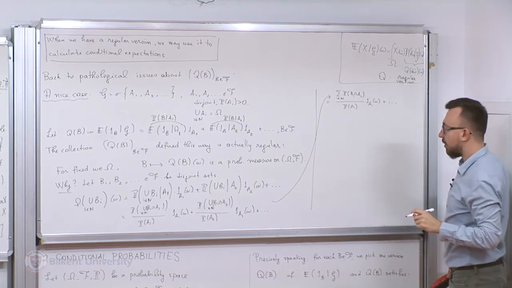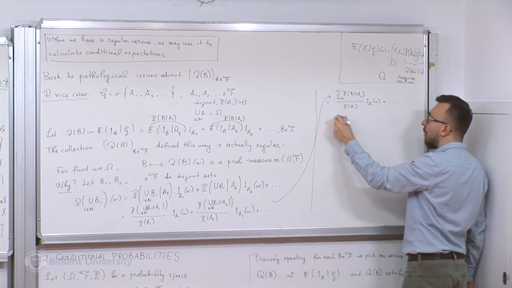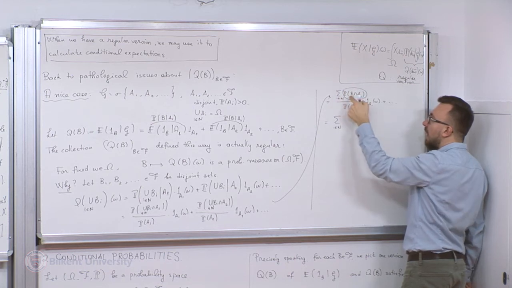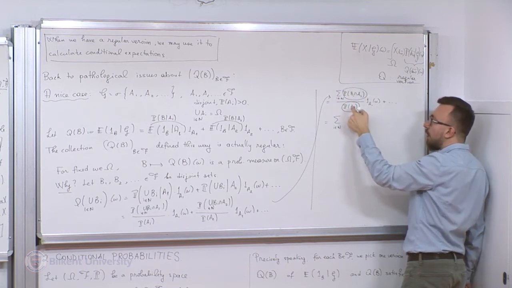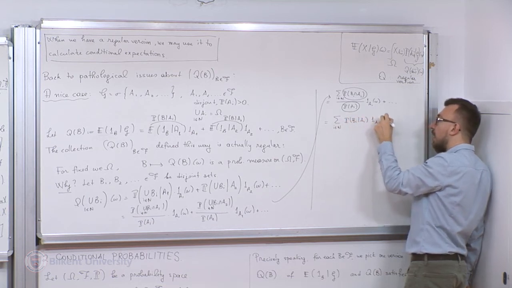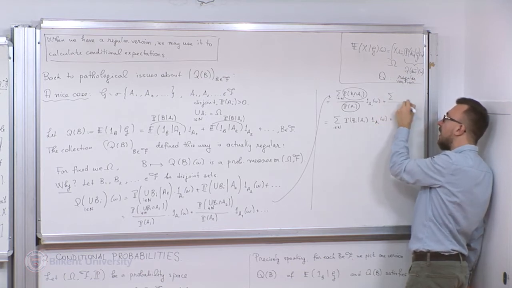Let me skip the second term. So what is this? Well, this is Bi intersection A1. Probability of A1 is a constant, so I can just write it as Bi given A1. I'm going to have another thing, right?